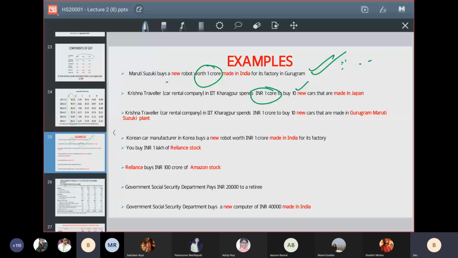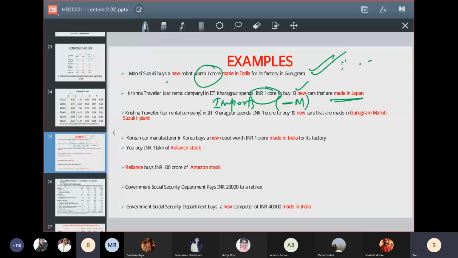Therefore, they are not part of our GDP. In fact, the 1 crore spent by Krishna Travelers is our imports, and as you see, imports are deducted from our GDP. If you remember C plus I plus G plus X minus M, then imports are deducted.